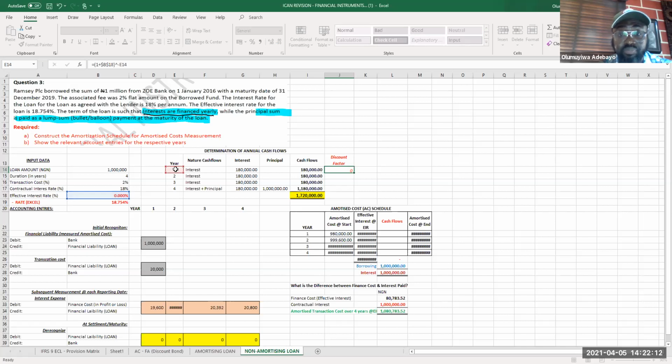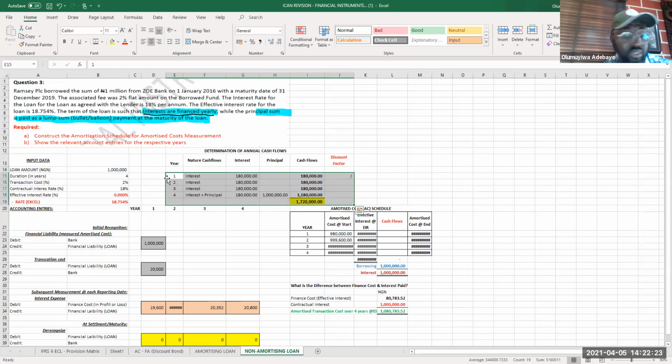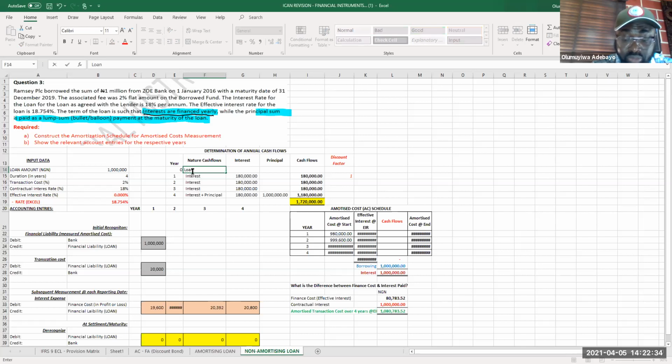Okay. Now, in that case, I'll shift it down one node. The essence of shifting it down one node is to accommodate for year 0. Year 0 is a loan borrowed.